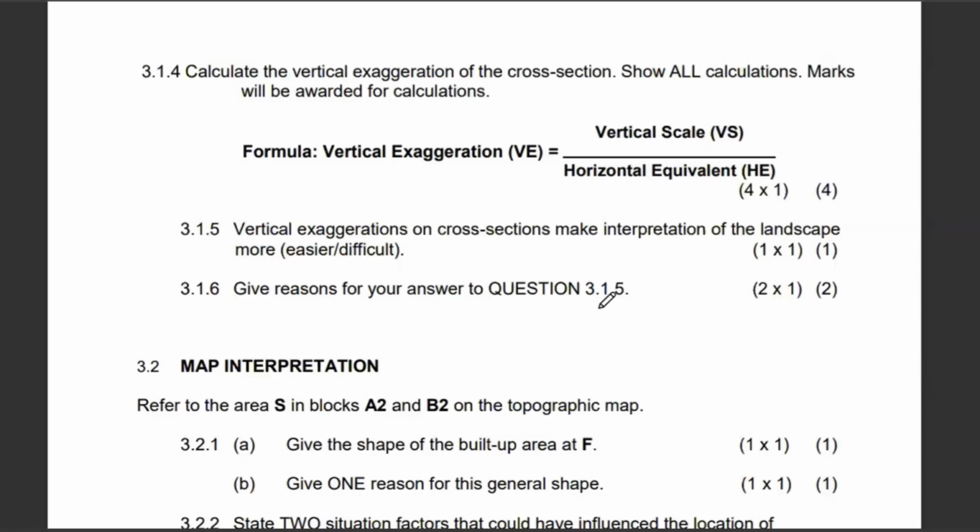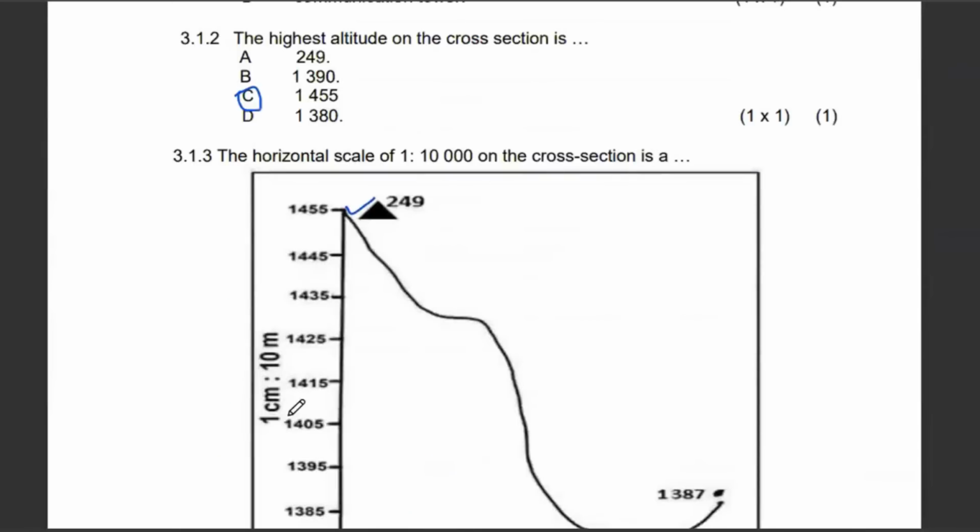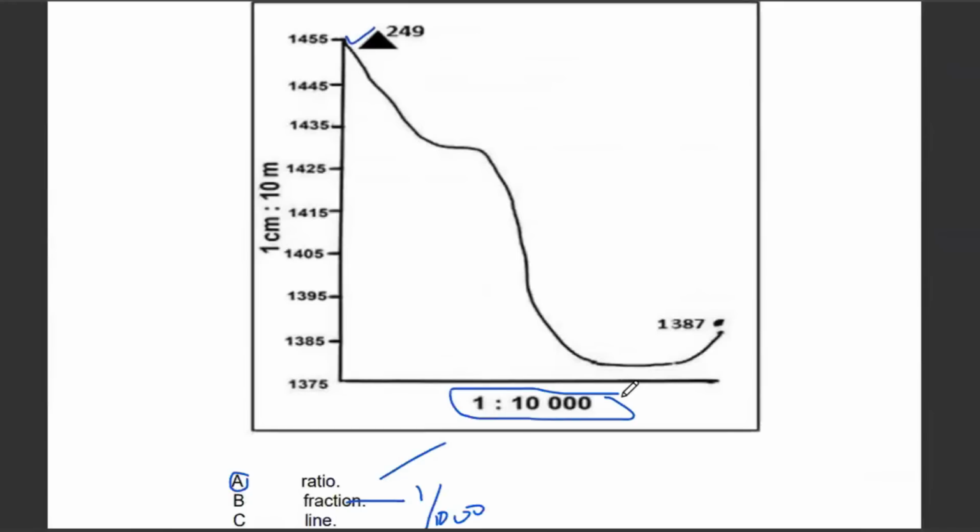When we are checking our vertical exaggeration, the formula is vertical scale over the horizontal equivalent. Our horizontal scale is 1:10,000, while our vertical scale is 1 centimeter to 10 meters. We need to change this scale to make it in the same units.